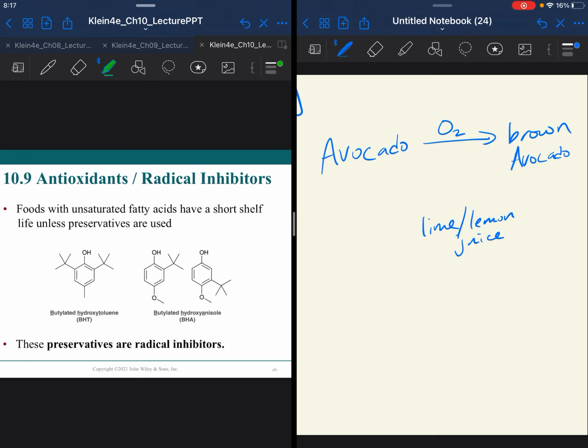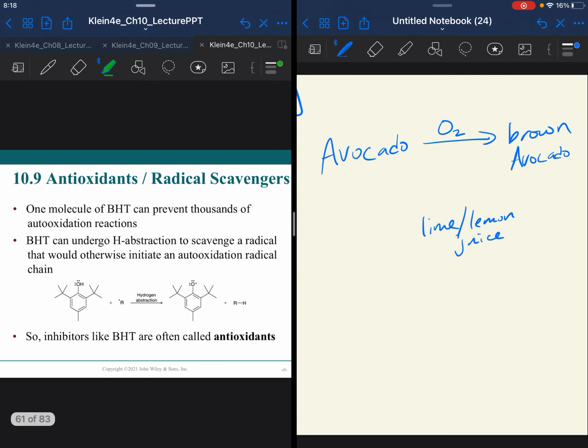So a lot of times people read the labels, and you'll see this all over food products and marketing, like, oh, it has chemicals in it. Well, some of these chemicals are there to keep the food shelf stable longer. So things like BHT and BHA, these are preservatives. They are radical inhibitors. Vitamin C and vitamin E are natural radical inhibitors.